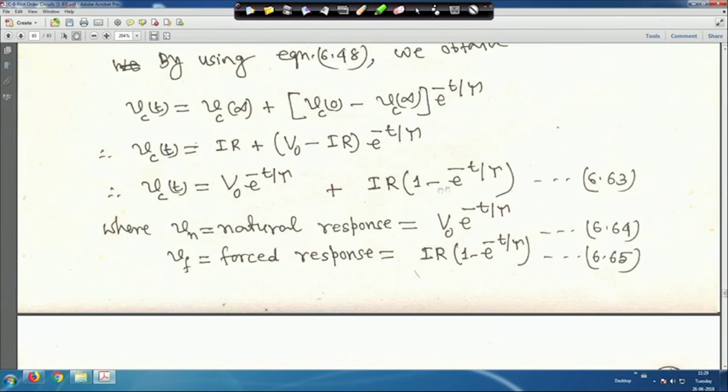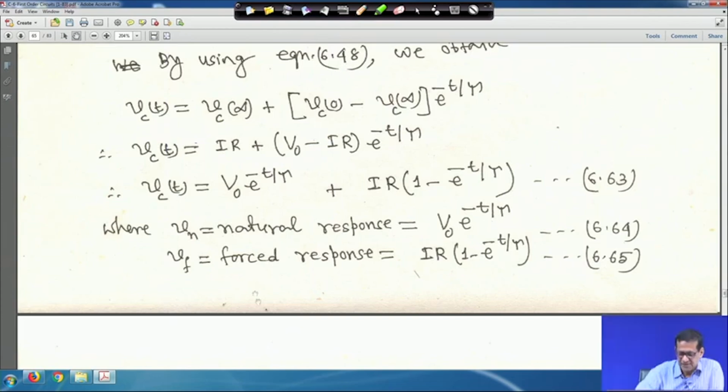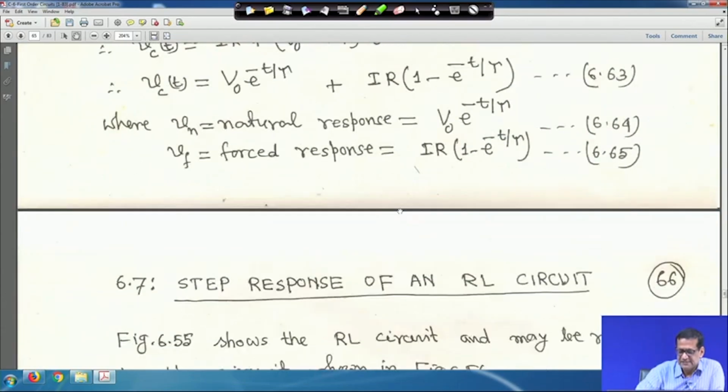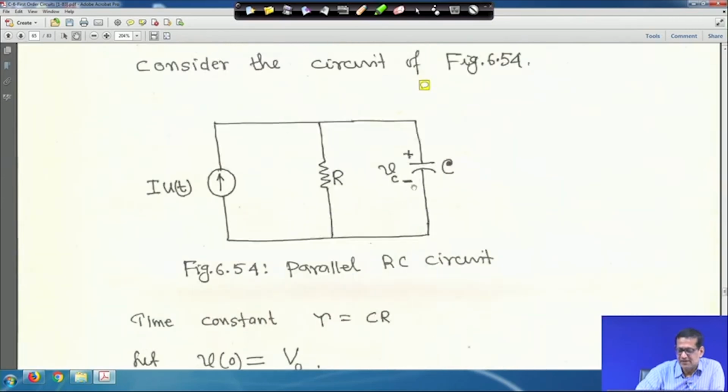Taking I R common, I R times 1 minus e to the power minus t by tau. This is equation 63. V n is the natural response, V 0 e to the power minus t by tau, like a source free circuit, and V f is the forced response, I R into 1 minus e to the power minus t by tau. So, this is a simple parallel RC circuit with a current source and a step input.